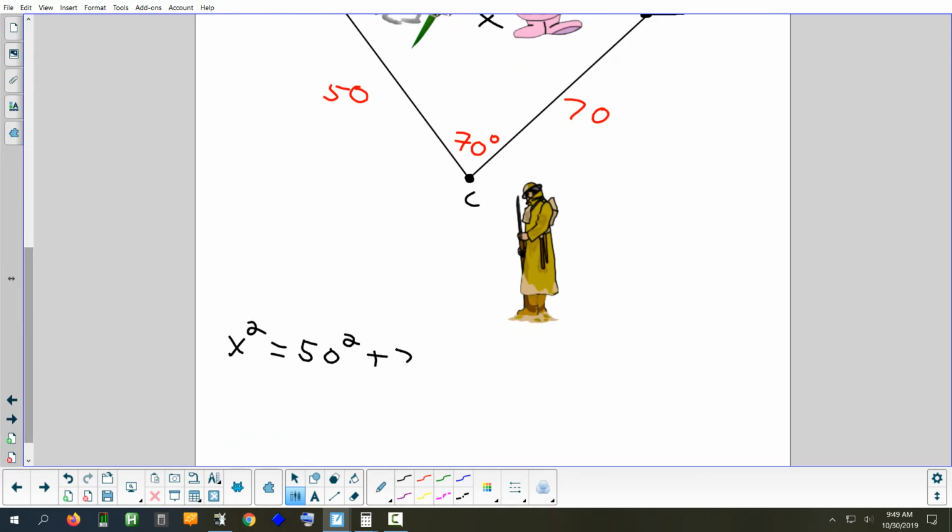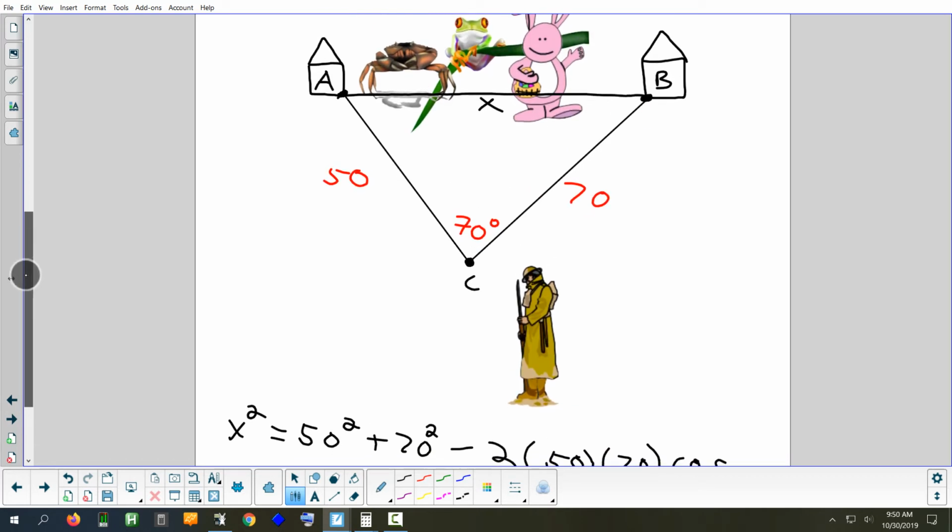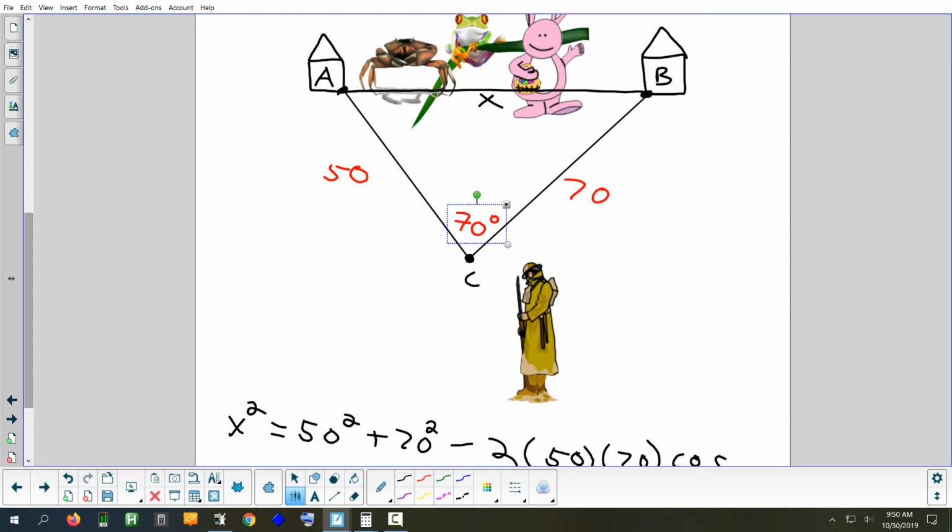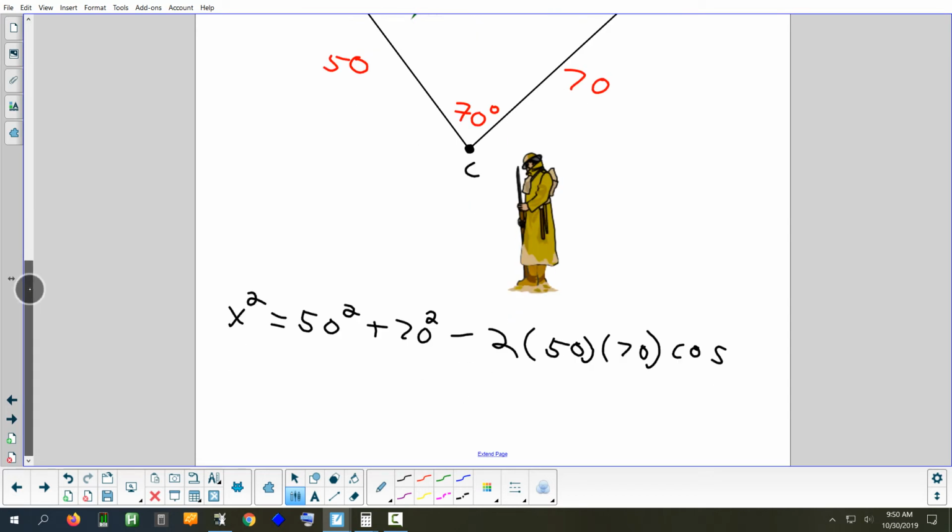Plus 70 squared. Minus 2 times 50 times 70 times the cosine of the angle across from the side you started with, 70.